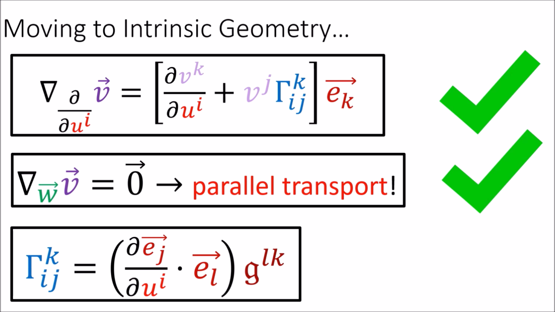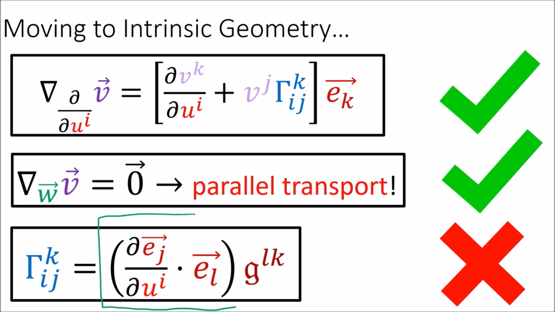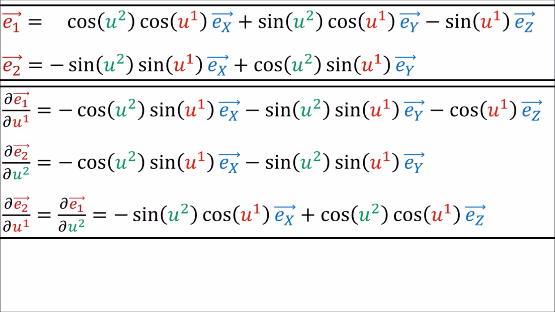The thing that's going to change, however, is our formula for the Christoffel symbols. You'll notice that the formula for the Christoffel symbols has a dot product in it, and this dot product is actually a big problem for intrinsic space. Previously, when we calculated the Christoffel symbols on the sphere, we expanded all the basis vectors and basis vector derivatives out in terms of the xyz basis.